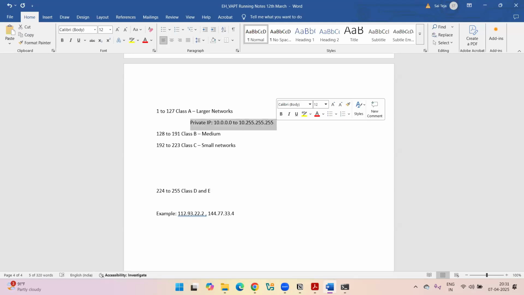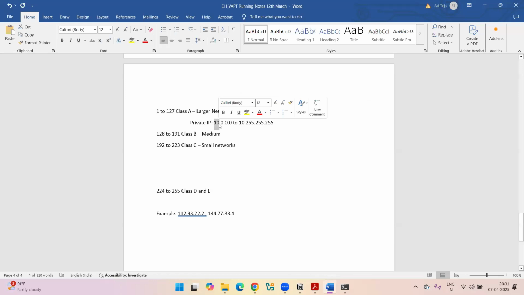Clear? If between 1 to 127 you see 10 dot, it means it is a class A private IP. Clear?